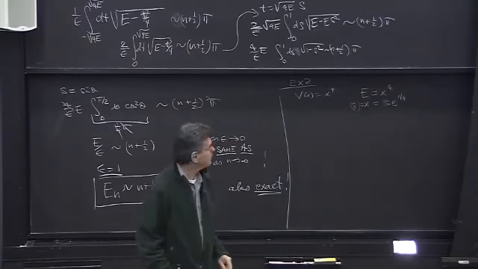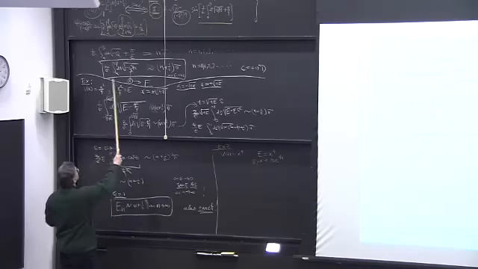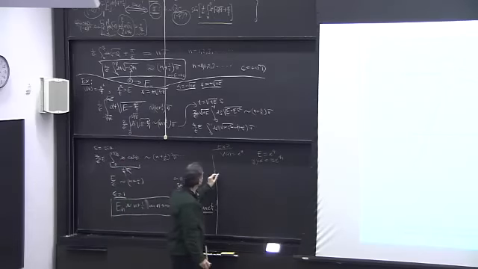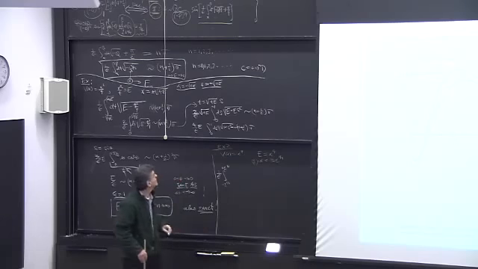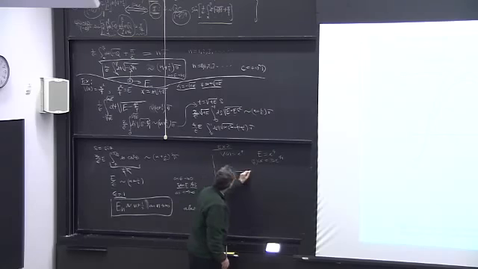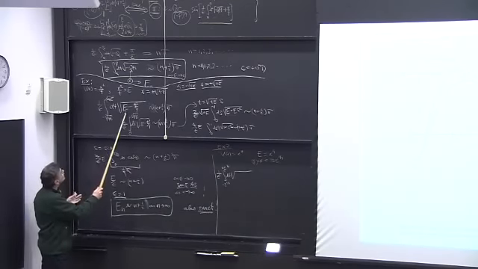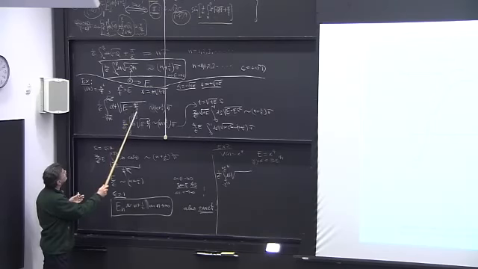And so this quantization condition reads: 1 over epsilon times the integral from minus E to the 1/4 to plus E to the 1/4 power, dt, of the square root of E minus the potential.